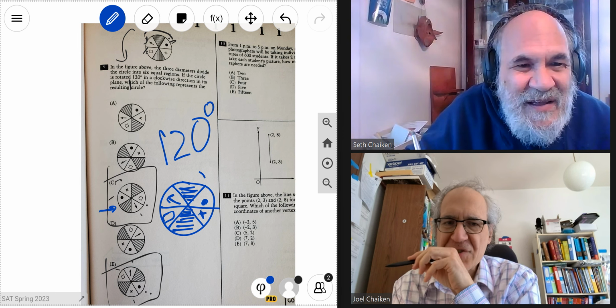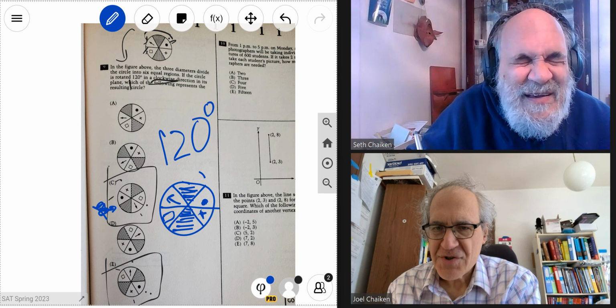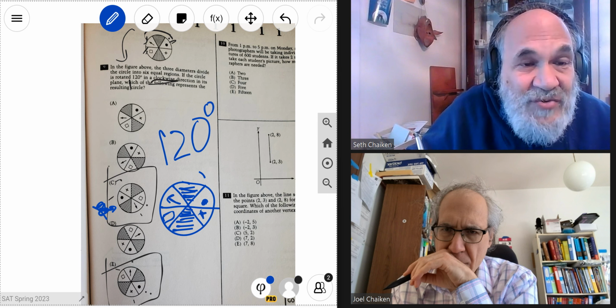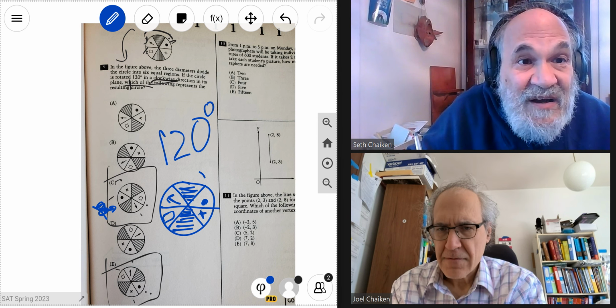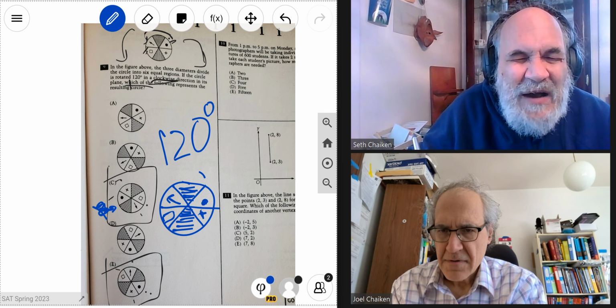Uh-oh. Oh, it's 120 clockwise. It says clockwise. Oh, I'm wrong. It's rotated 120 in a clockwise direction, which is this way. Oh, see, I thought counterclockwise.